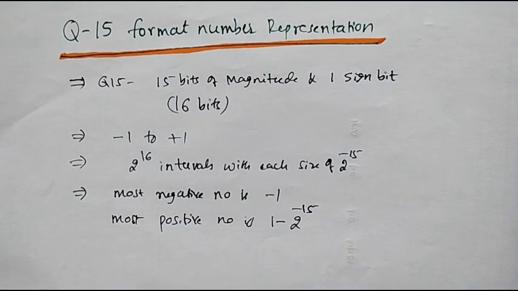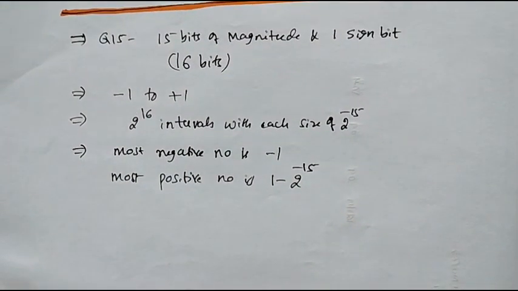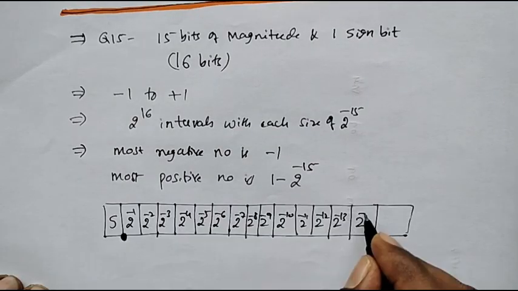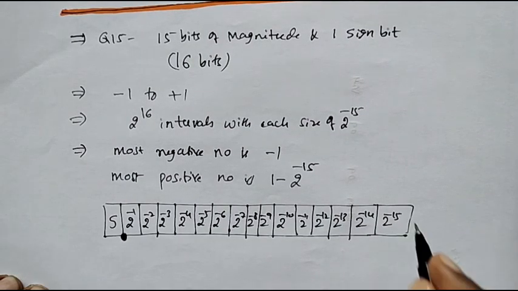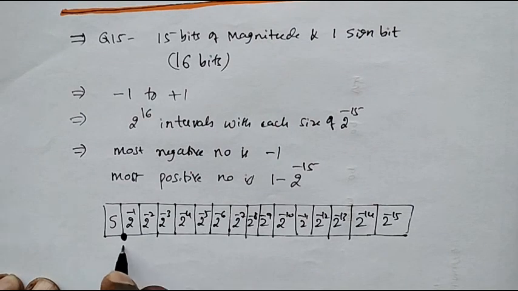Now let us see how to represent a number in Q15 format. So here, this is the implied binary point.